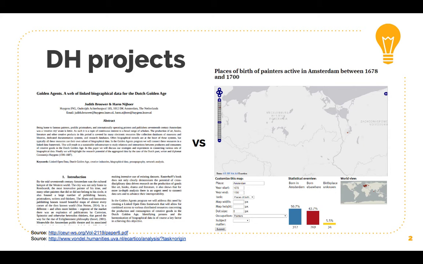Because DH is something to experience, as visual and interactive components are typically present, finding actual DH projects to interact with is often the best way to get acquainted with DH scholarship. DH projects can take many forms and use different methods and tools.